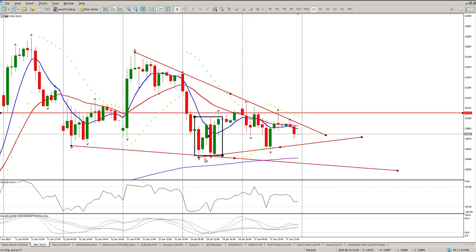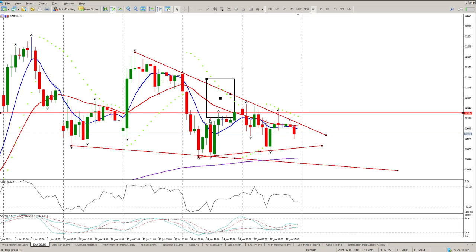Your stop would have been below here, and basically you can adjust your stop to above here, but you've got to break above this level. Our target is still up here.